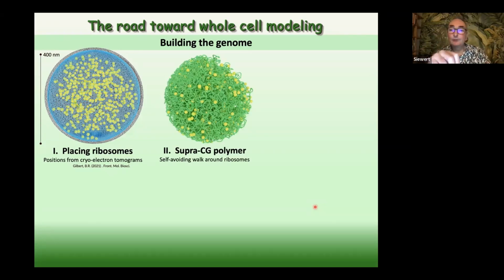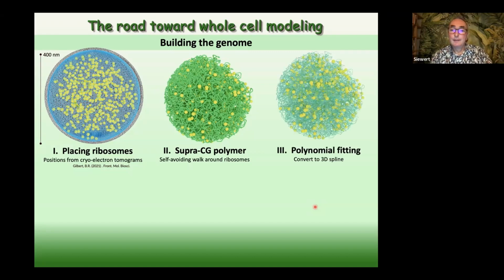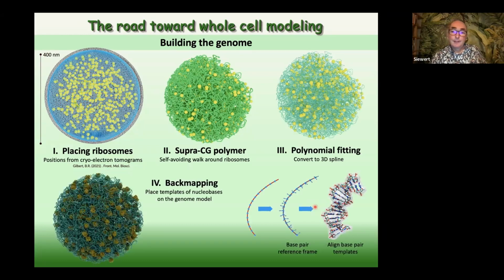Based on these positions, we then started fitting in a self-avoiding random walk polymer within the spherical constraints of the overall cell shape, also making sure that the final end of the genome matches the beginning again, because it's a cyclic genome that this cell type has. That we do at the supra coarse-grained level, and then we did some fitting of this genome to a spline, which we can then use to trace back our Martini level DNA model.